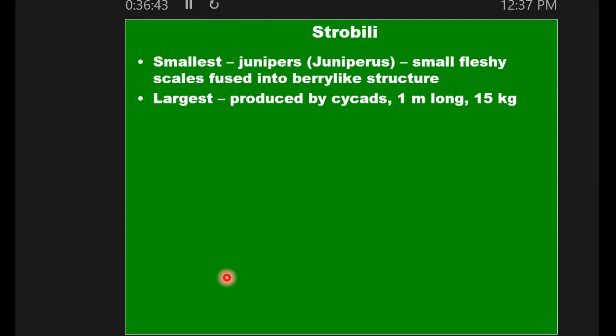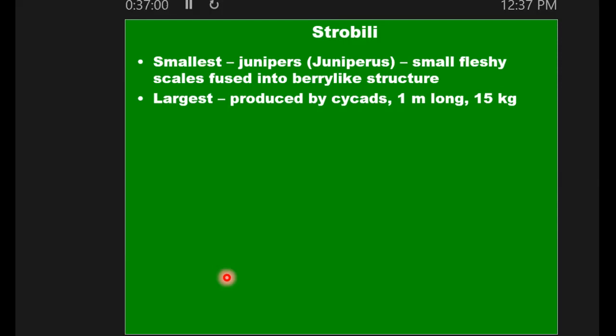Yeah, the juniper berry, where you get that pine taste in gin. It's actually juniper berries that they use in the brewing process, in the distillation of gin.